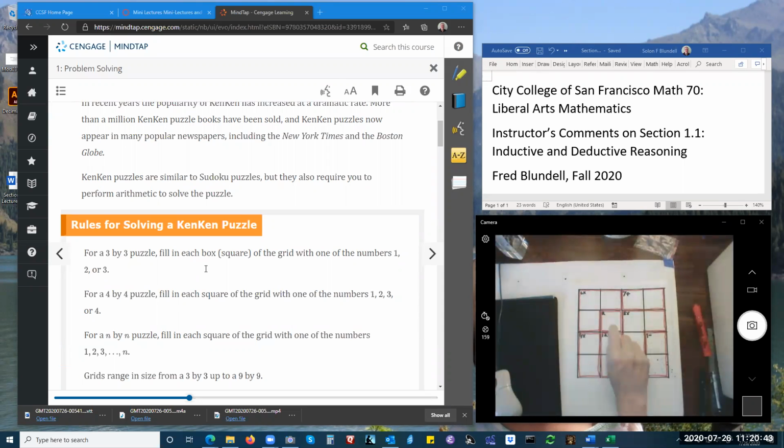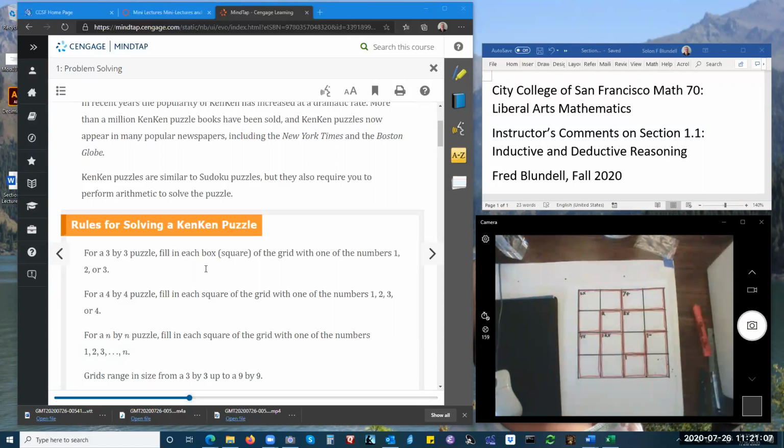And we have these outlined sets of boxes. We call those cages. And this cage has a 6x written up in the upper left-hand corner. That means multiplication. So the 3 numbers in the boxes have to multiply together to make 6.